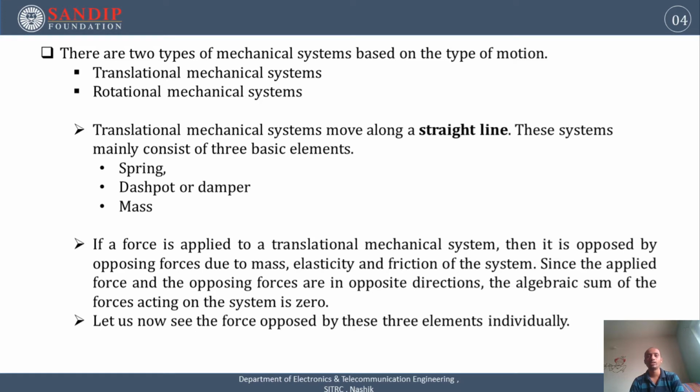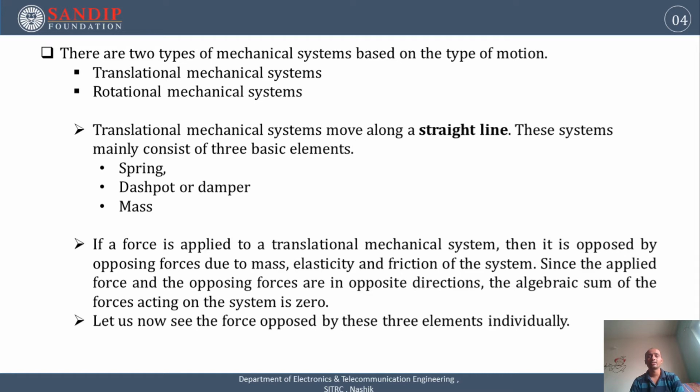Hence, depending on the type of motion used in the mechanical based system, they are classified into two types. First, translational mechanical system, which consists of translational or linear motion. Second, rotational mechanical system, which consists of rotational or angular motions.